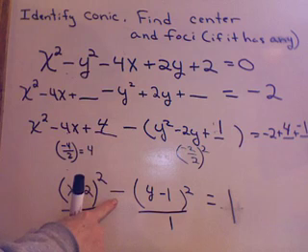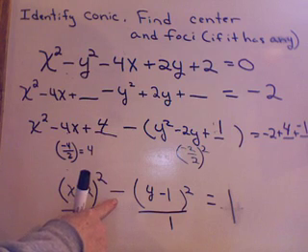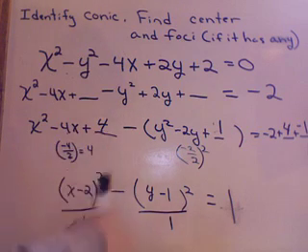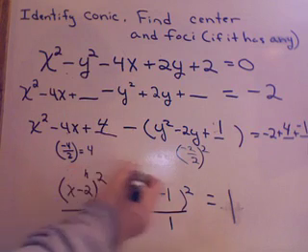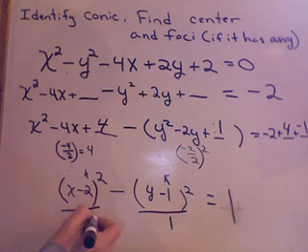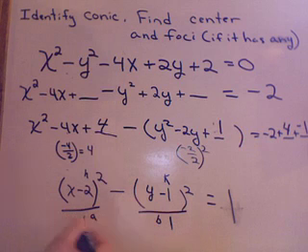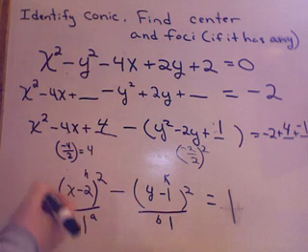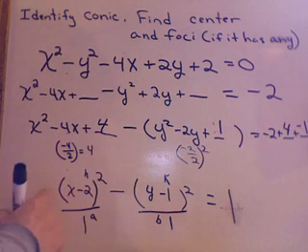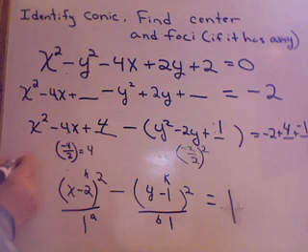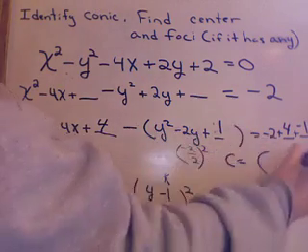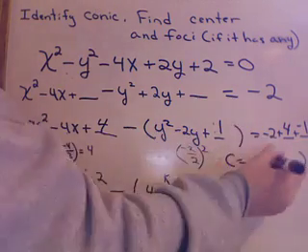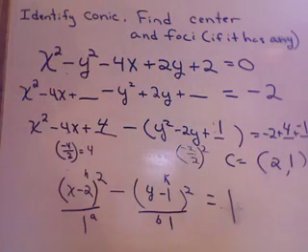So in the hyperbola, I need to identify all the different parts, so I know that my h and my k, my a and my b, right? The center in this problem is (h, k). So the center, let's write it over here, is, what do you think it is? (2, 1).